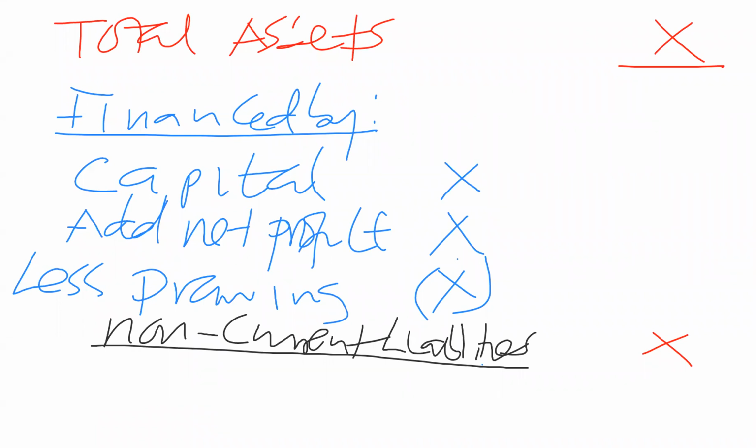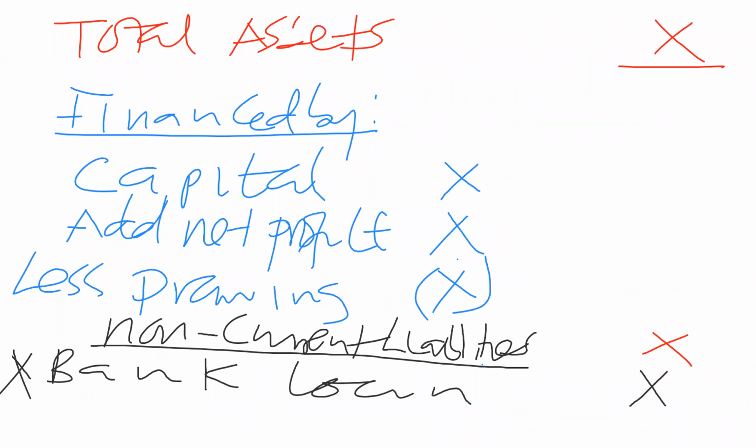Usually we have loans, mostly the bank loan. You write all the non-current liabilities here. After that, you write the current liabilities.